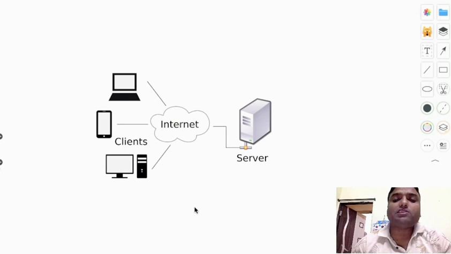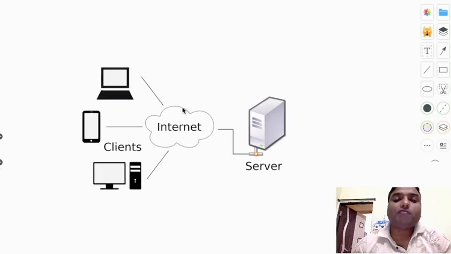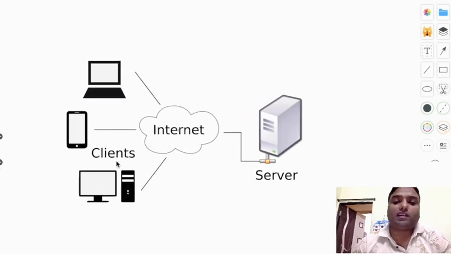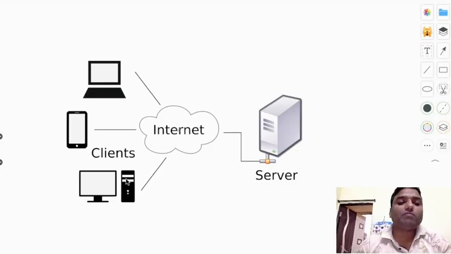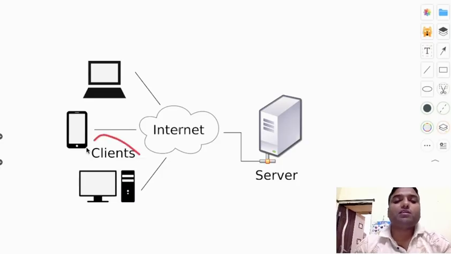Client is any machine that is capable of getting information over the internet. So if a machine is able to get information or any resource from the internet, we call it a client. These clients may be your PC, your laptop, or your mobile devices.